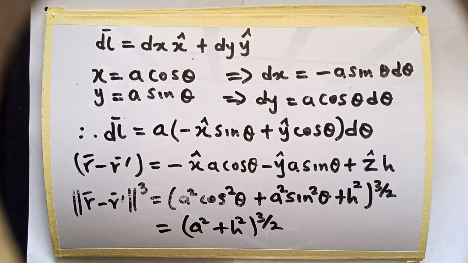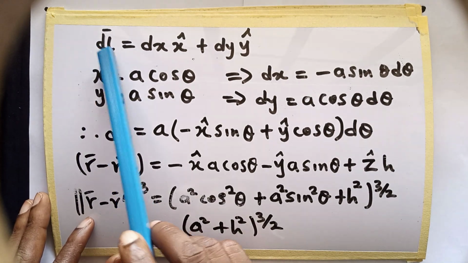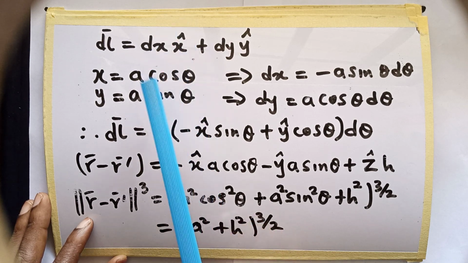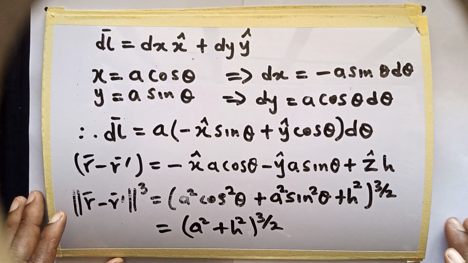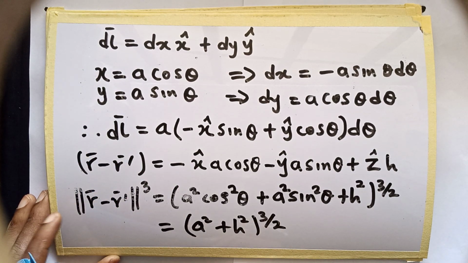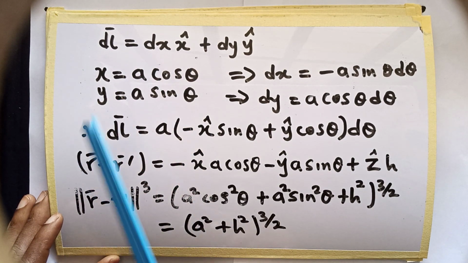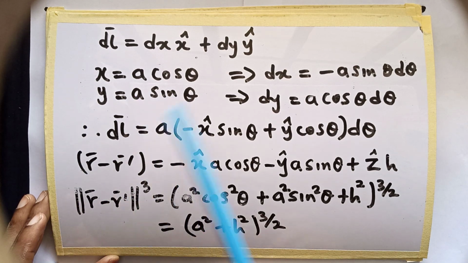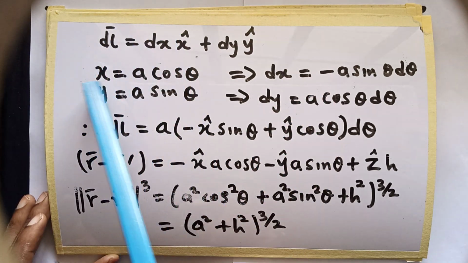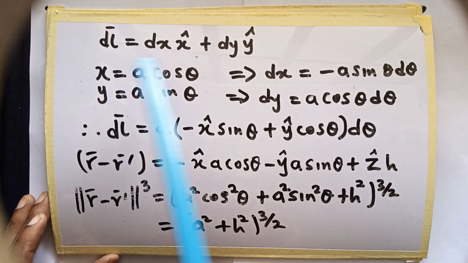Now, if you recall, we have the expression for dl given as dx x cap plus dy y cap. But we know that our x is equal to a cos theta, our y is equal to a sin theta. Then because we have the dx here, we need to change this one with respect to theta.